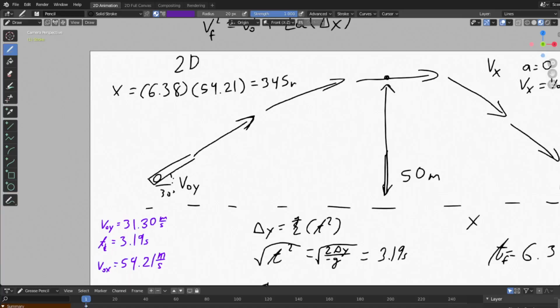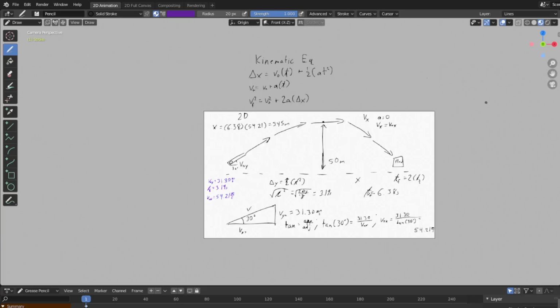So I'm just gonna say 345 meters, which actually used to be my favorite number. It all works out.